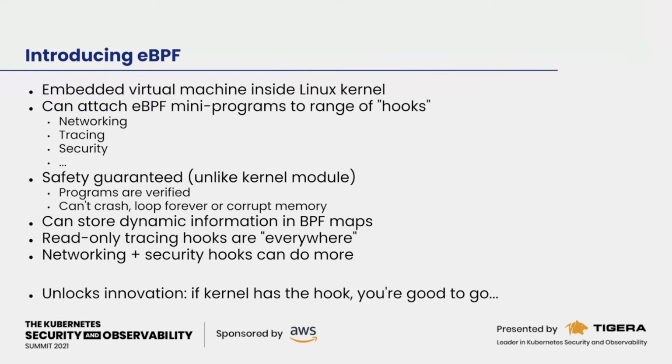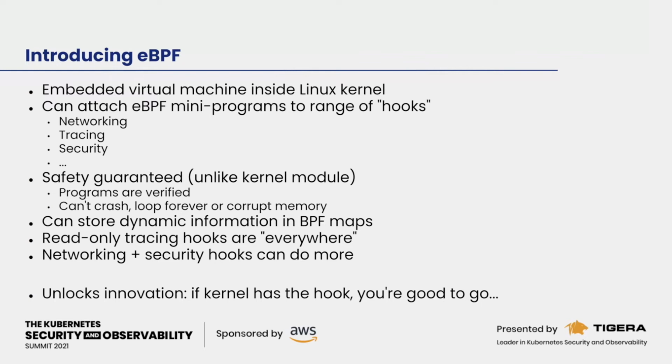A key property that makes these very different from kernel modules is that the safety of eBPF programs is guaranteed. You compile to a bytecode, which you feed into the kernel, and the kernel processes that bytecode in a process called verification. It verifies that the bytecode meets certain properties.